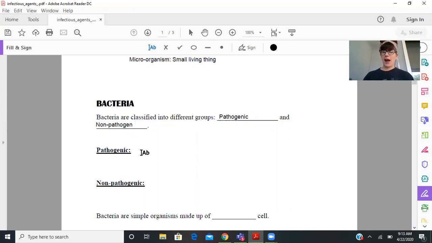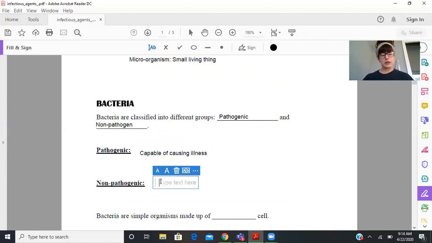If something is a pathogen, it means it is capable of causing illness. So this is a bacteria that can make you sick. We have non-pathogenic bacteria in our stomach that's really good for breaking down foods. That would be considered non-pathogenic because it is not likely to cause illness.